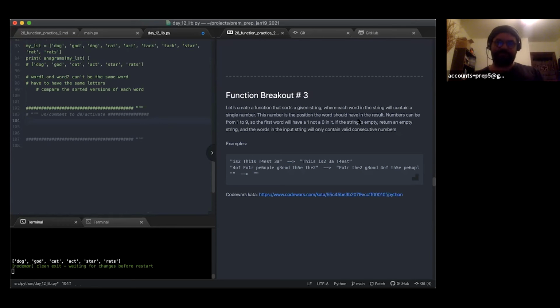So let's create another function that sorts. This isn't a true sorting algorithm, but it will rearrange elements in a string that orders or sorts a given string where each word in the string contains a single digit number.